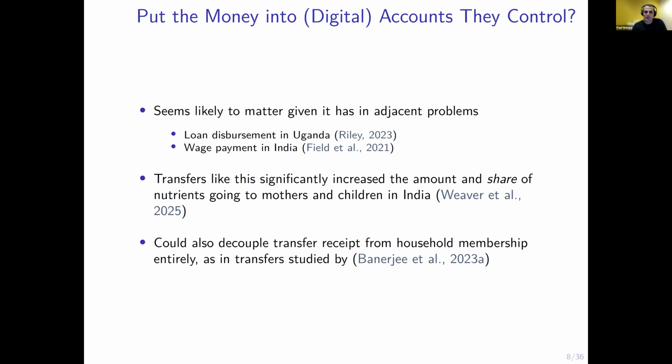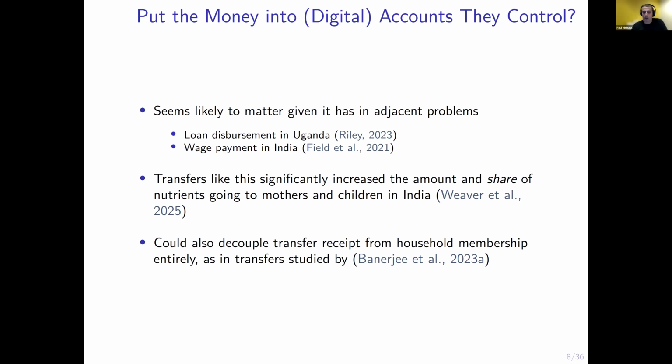So a very reasonable prior would be that this would matter in the context of social protection payments as well. I've recently worked on a paper, joint with Jeff Weaver and co-authors, where we looked at transfers like this into the accounts of pregnant and expecting mothers. And we see some really striking effects there. So these are households in which at baseline, women and children receive a disproportionately low share of household nutritional intake.